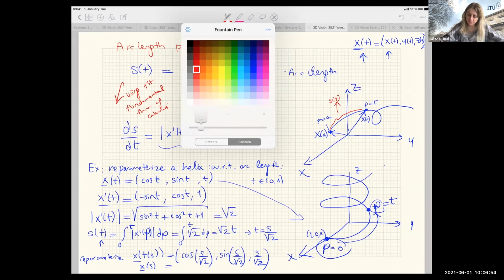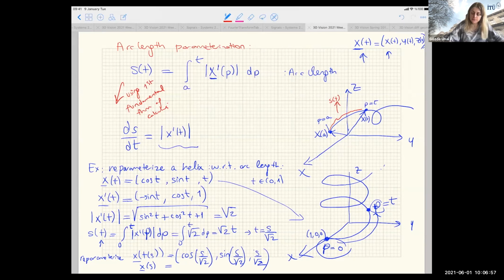Here, the difference is, for instance, x of t, x of 0, x of t. Let's say t was going even further, t from 0 to some other number, t equals 2, let's say. So x of 2, this was x of 0, okay.